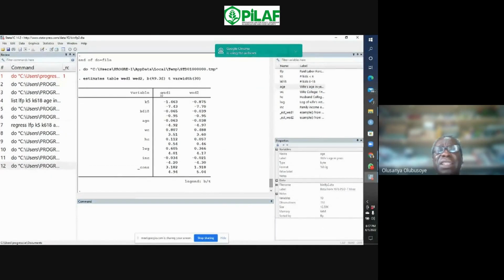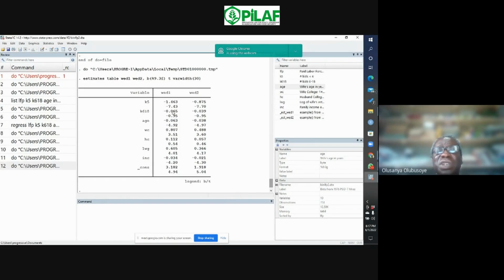In this format, you remember this will be the results from the logistic regression, and this will be from the probit regression. So it's easy for me to compare the coefficient of K5 for logistic, and then for probit.